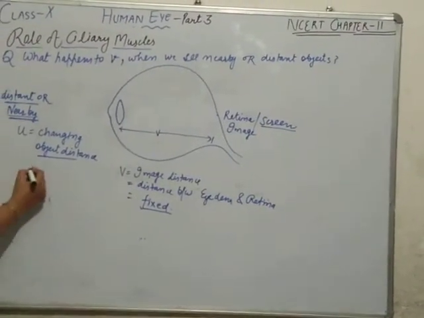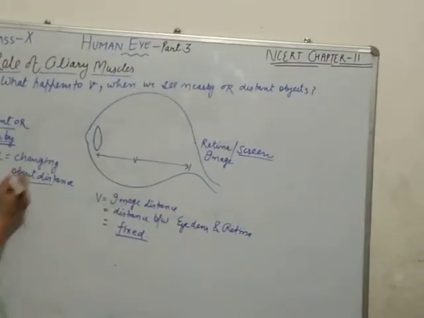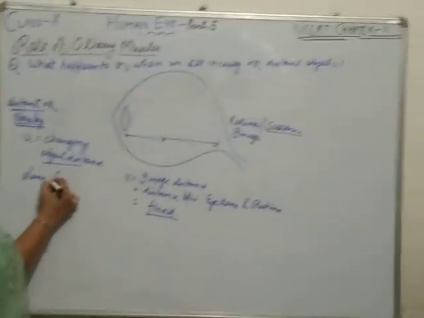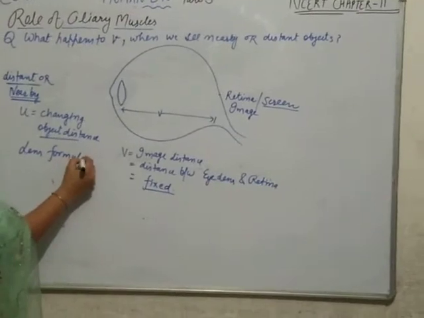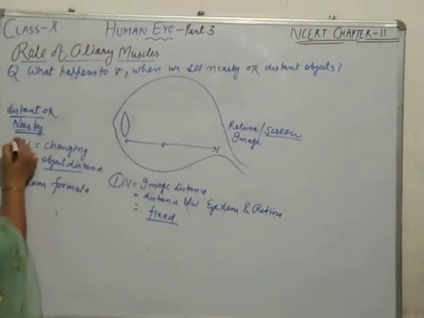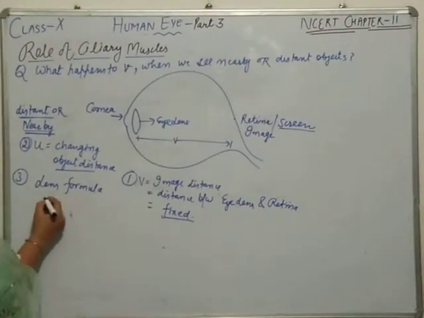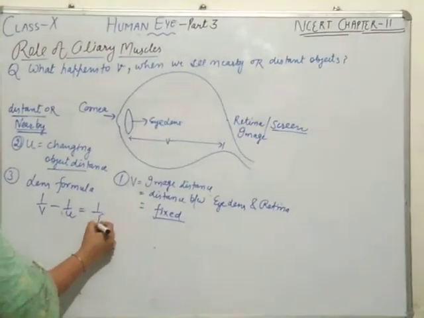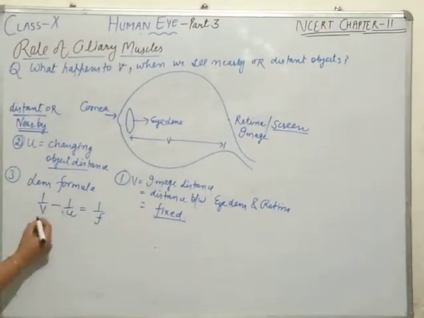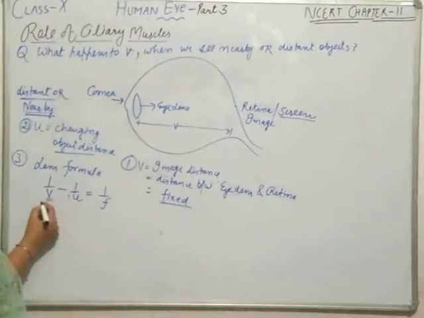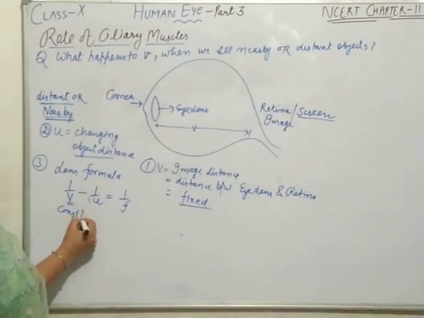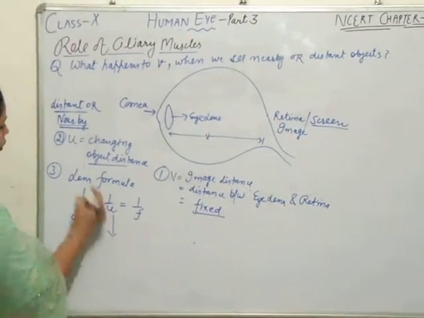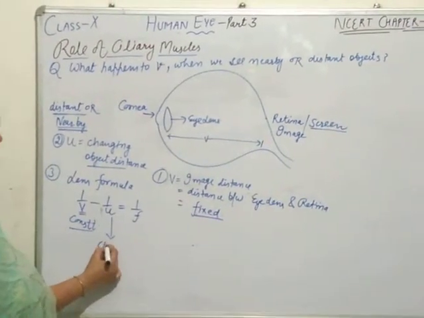Now, as we know, we are using a lens here. So, the lens formula. The lens formula is 1/V minus 1/U equals 1/F. As we know, V is always constant, but U is changing.